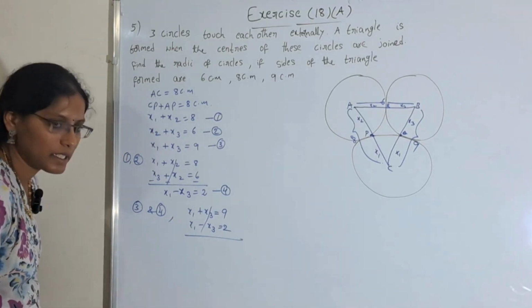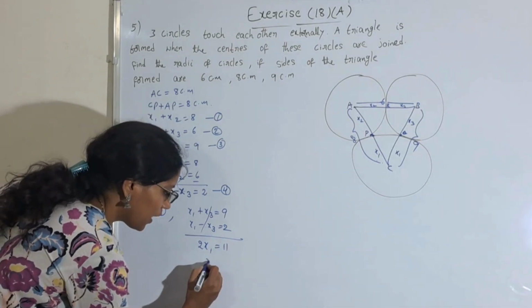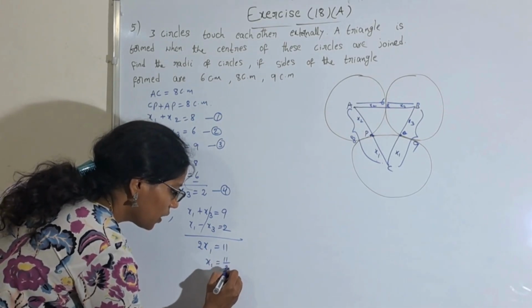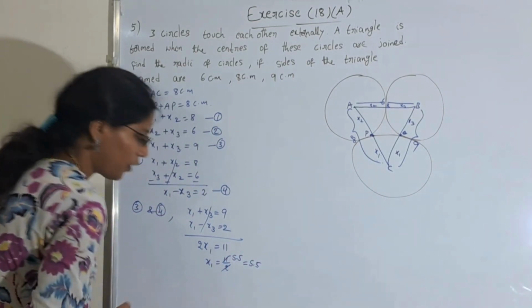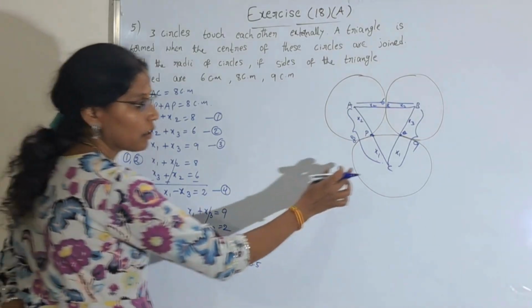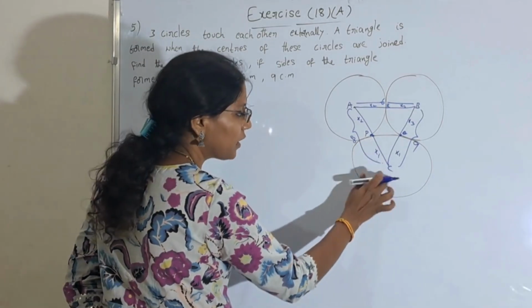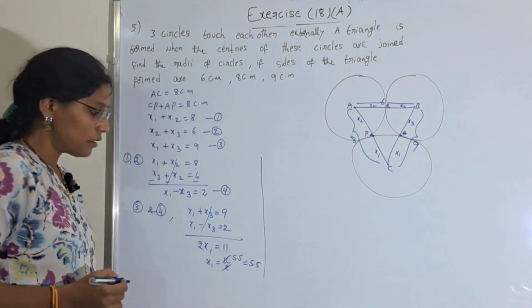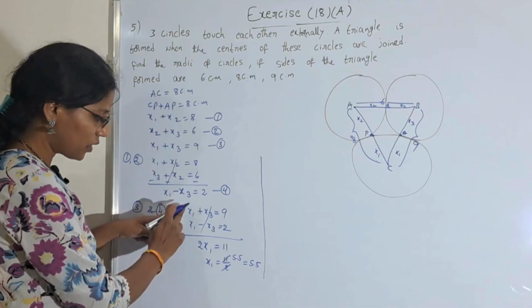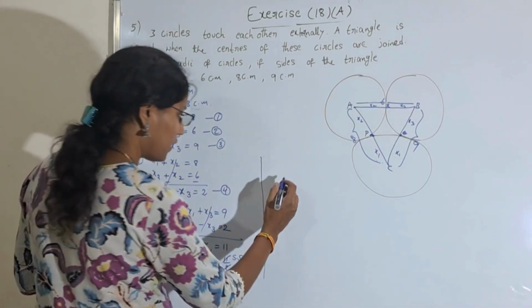Here plus x3 and minus x3 cancel. 2x1 is equal to 11, so x1 is equal to 11 by 2, which is 5.5. x1 means this circle, with this center, so this circle's radius is 5.5 centimeters. We substitute this 5.5 centimeters into any one equation, either the third or the fourth equation.